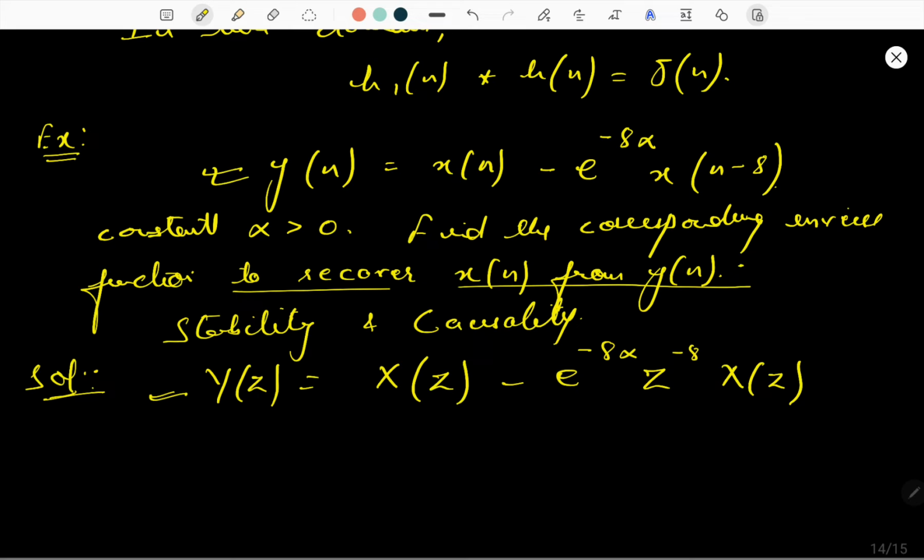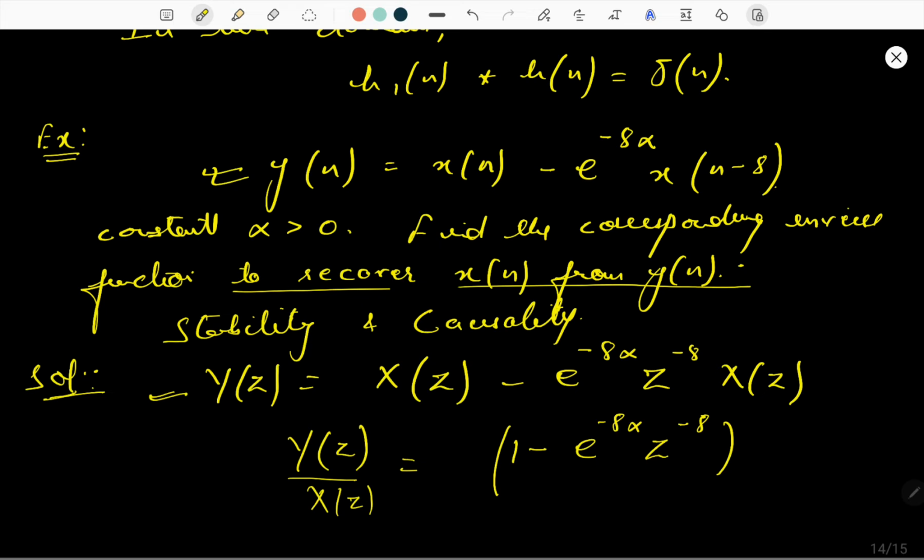All right, so from here we can find the ratio Y(z) upon X(z). If you solve this, you will get 1 - e^(-8 alpha) z^(-8).